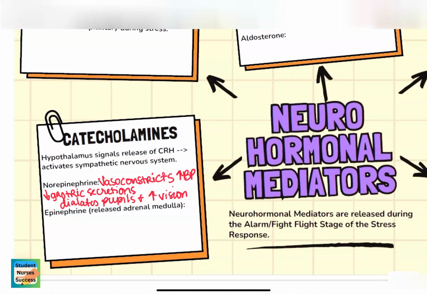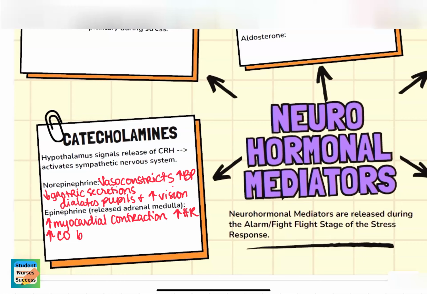Now, epinephrine, which is released from your adrenal medulla, your adrenal glands sit on top of your kidneys. Epinephrine increases myocardial contraction, so it makes your heart pump harder. It also increases your heart rate. It increases your cardiac output.